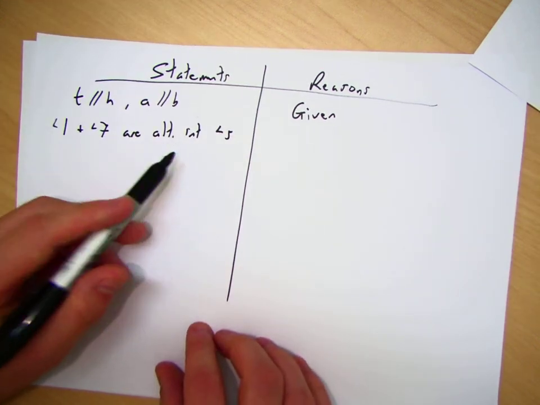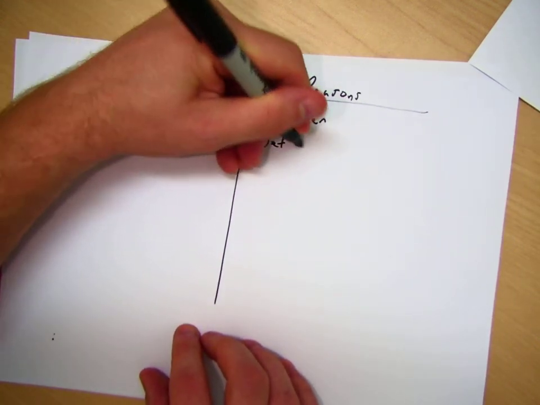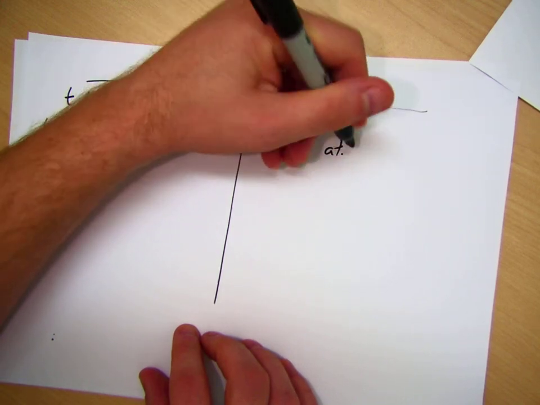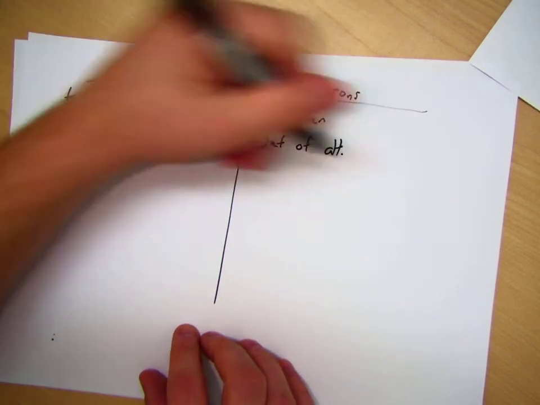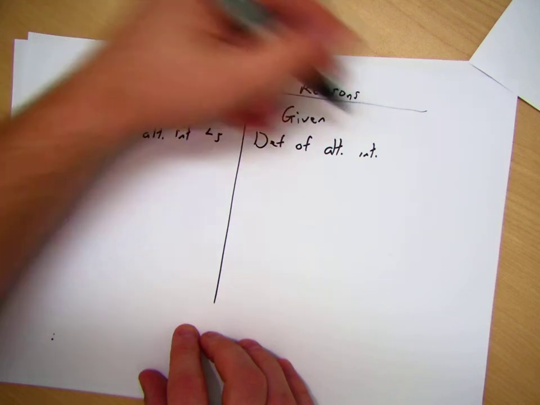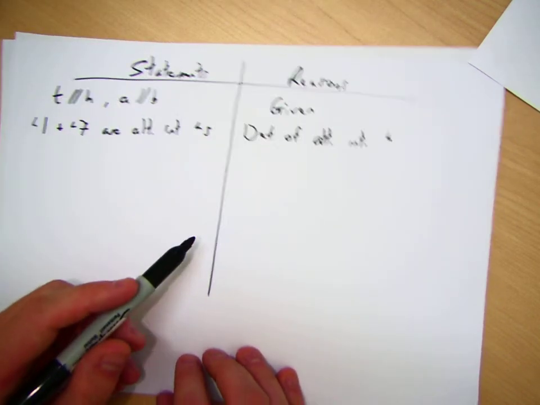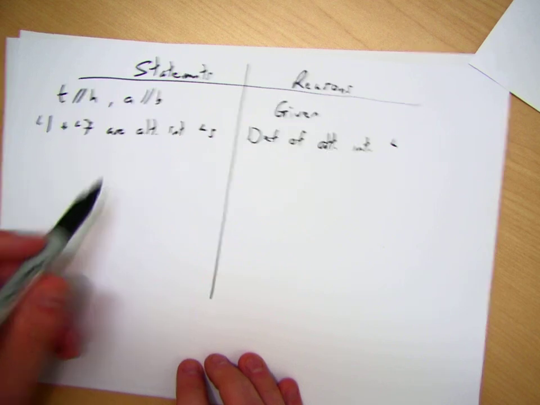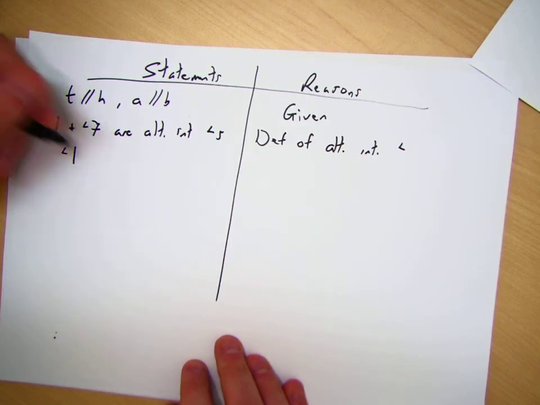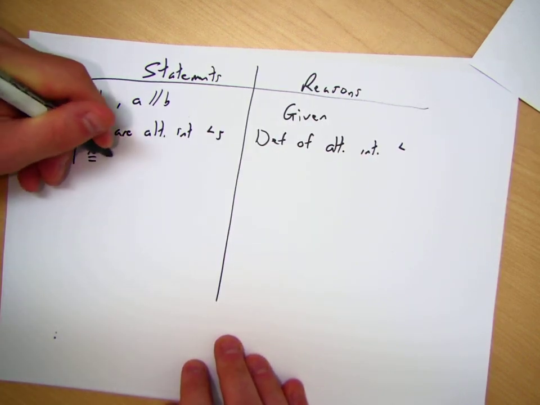That's just the definition of an alternate interior angle. Once I know that, I can say that angle 1 is going to be congruent to angle 7.